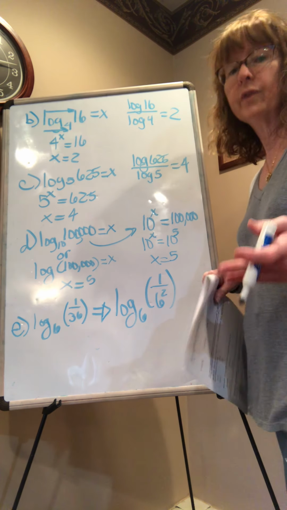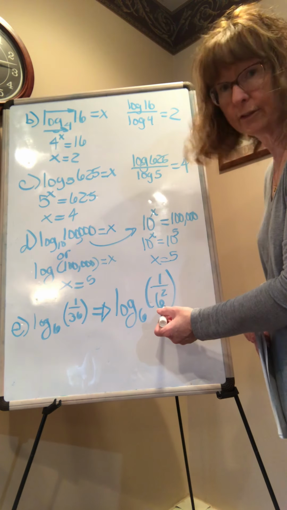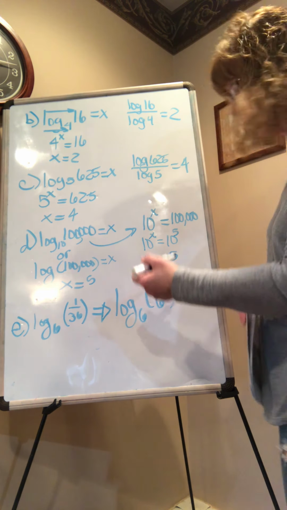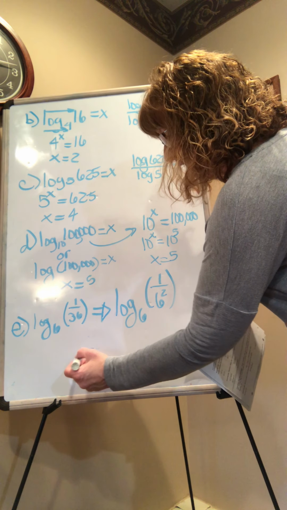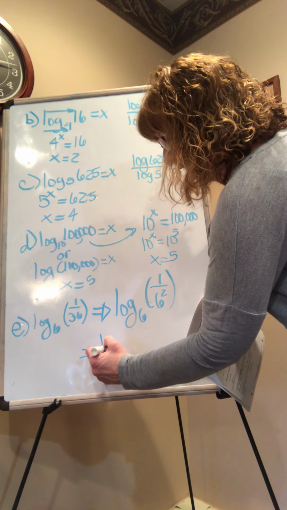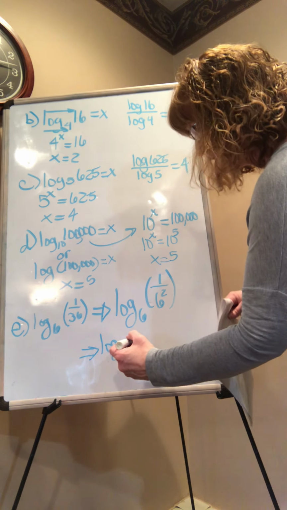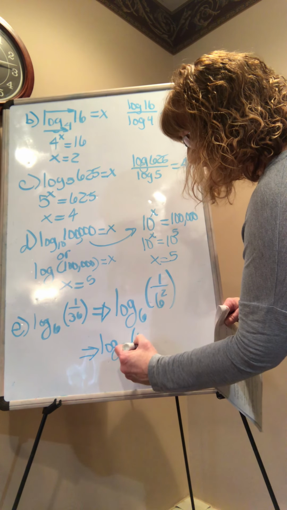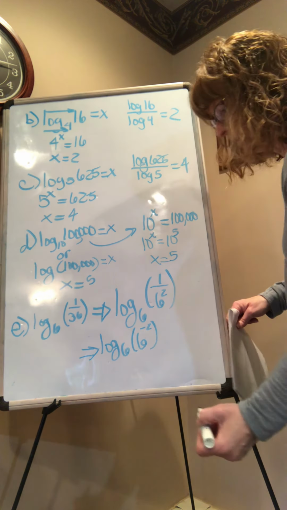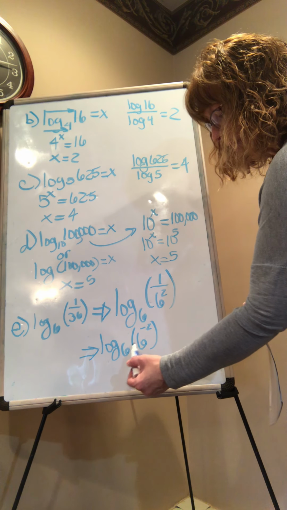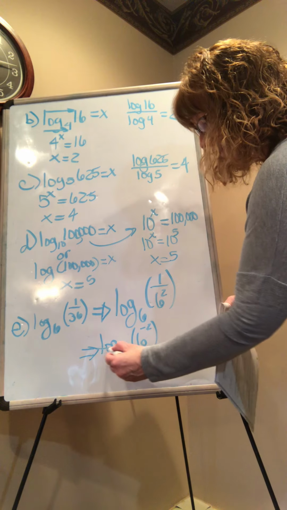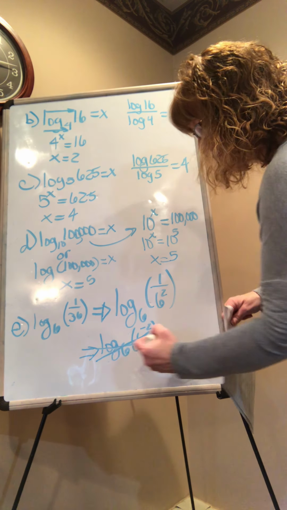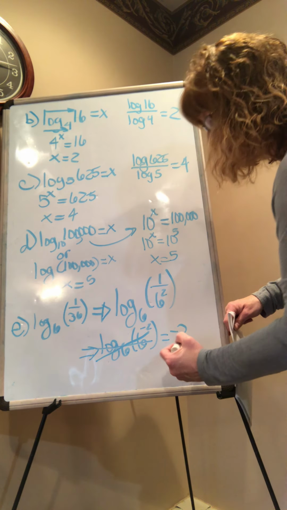Then you say, well, I don't really want a fraction. I want the 6 squared out of the fraction. So that's your negative exponent. So now this would then become log base 6 of 6 to the negative 2nd power. Well, if you have a log base 6 and then here you have a base of 6 on an exponent, these guys all end up canceling out and the negative 2 drops down.